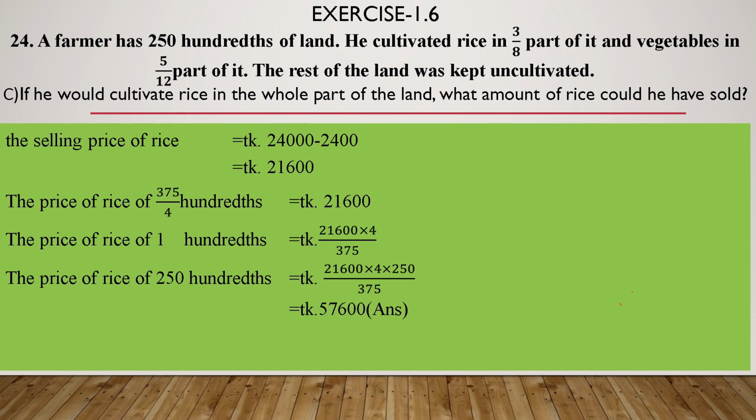So the answer will be 57,600 taka. This is the answer of question number C. As you can see, the whole part of the land means 250 hundreds. So we find out for 250 hundreds, and this is the answer, 57,600 taka.